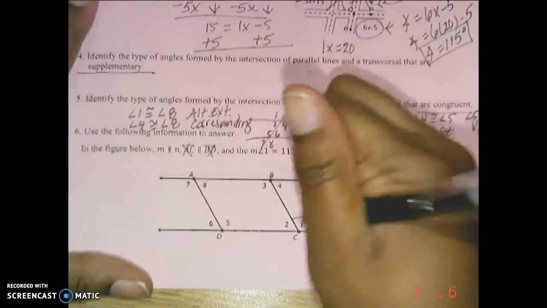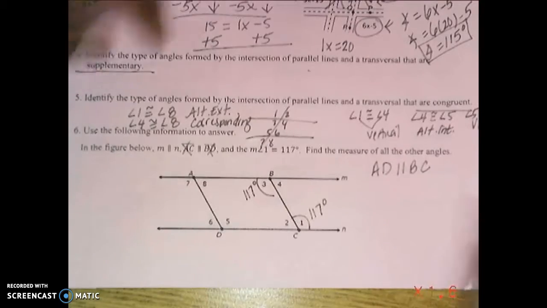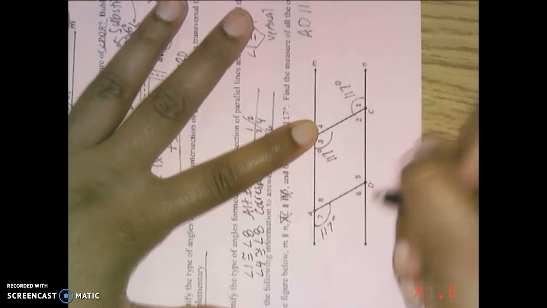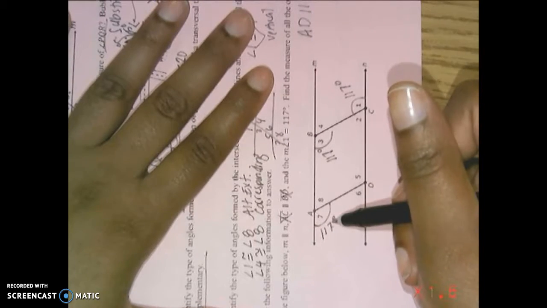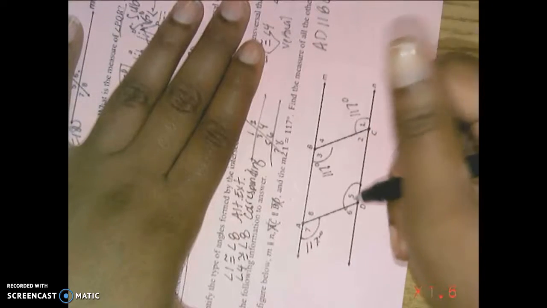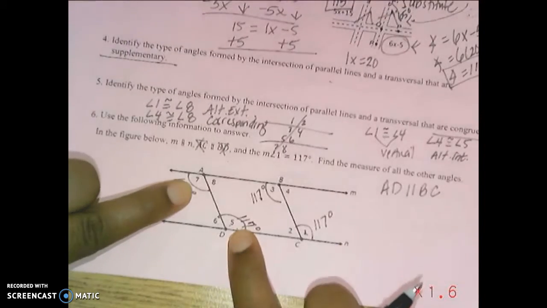So 1 and 3 are congruent because they are alternate interior angles. And then if I turn the paper sideways, angle 3 and angle 7 are congruent because they're corresponding. They're in the same spot. And then angle 1 and angle 5 are congruent because they're corresponding as well, but also, these are alternate interior angles.